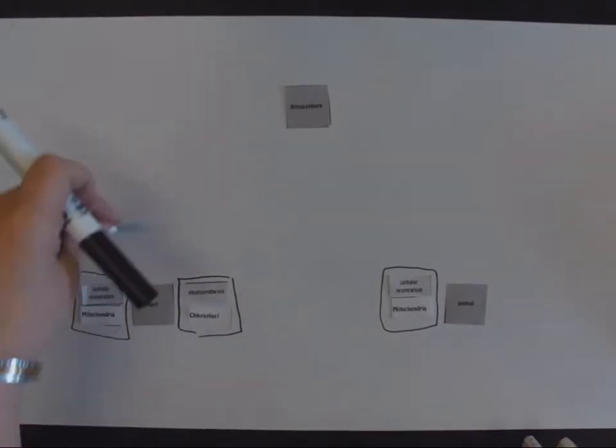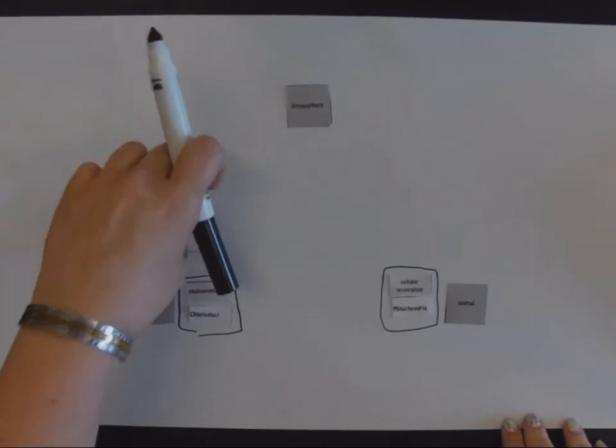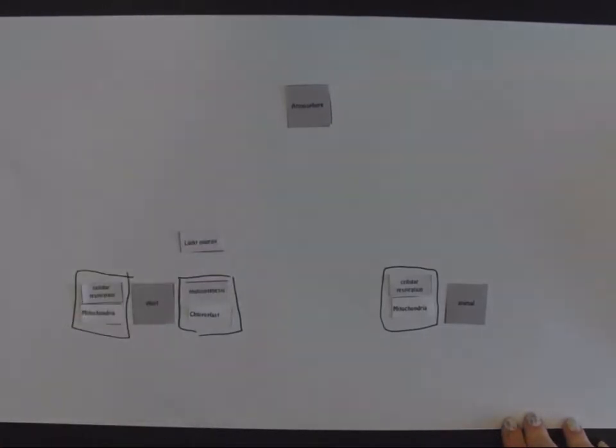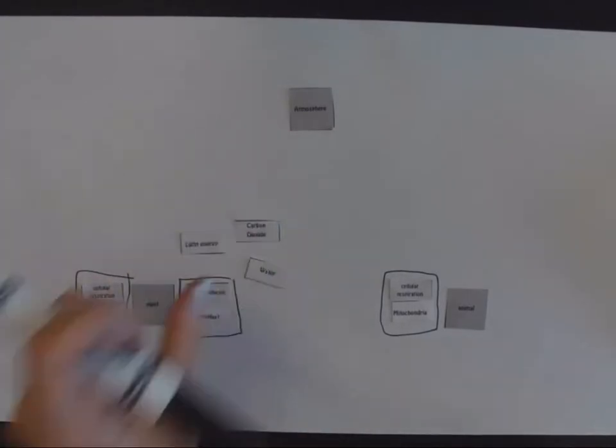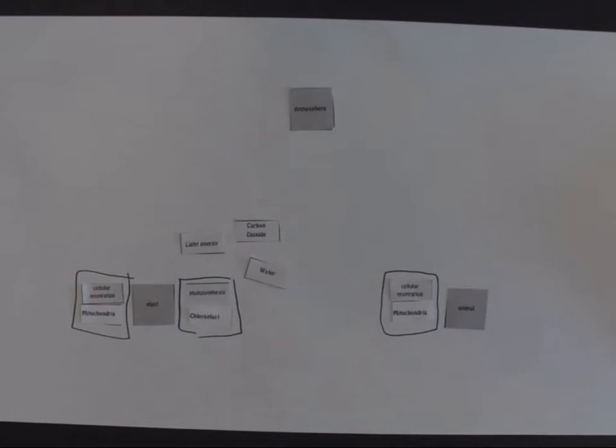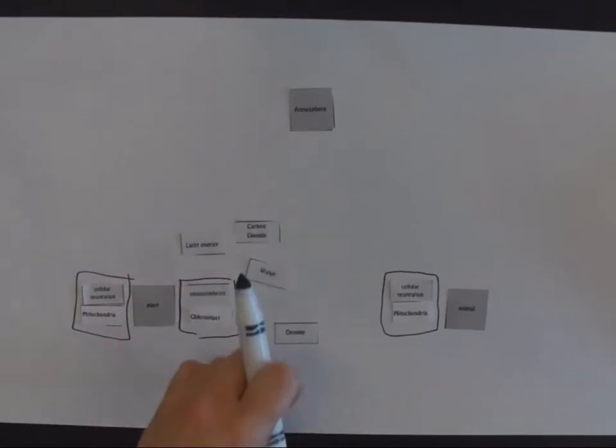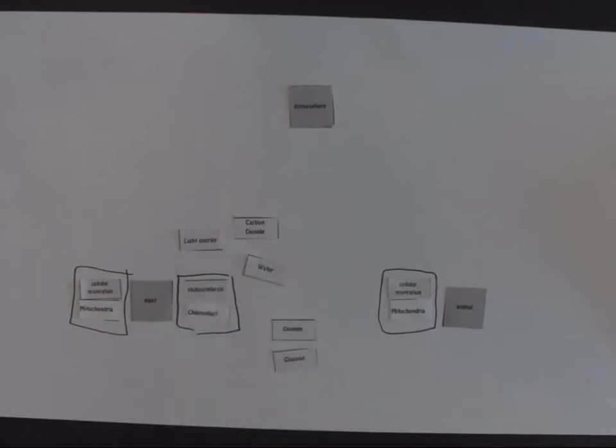I know that light is an input to photosynthesis, that carbon dioxide is an input to photosynthesis, and that water is an input to photosynthesis. I know that photosynthesis makes oxygen and glucose, and that we use the glucose as chemical energy.